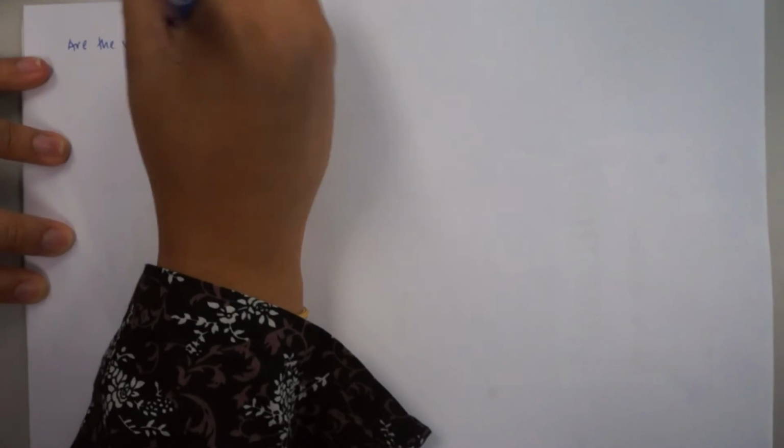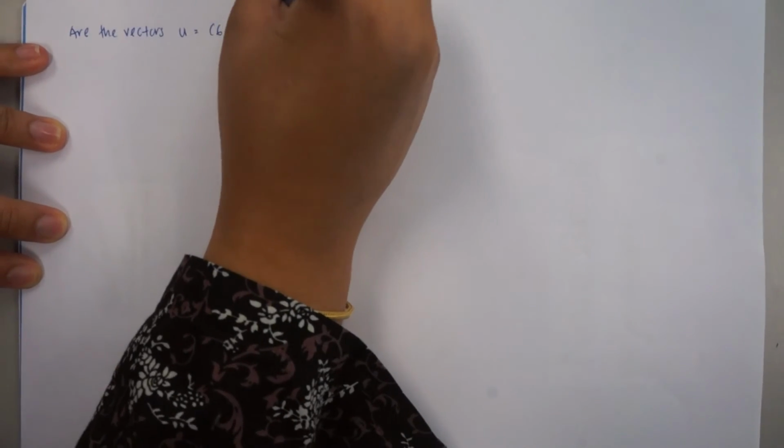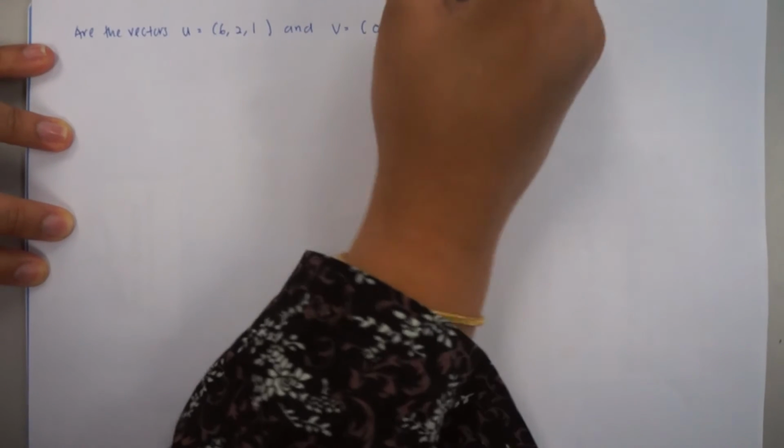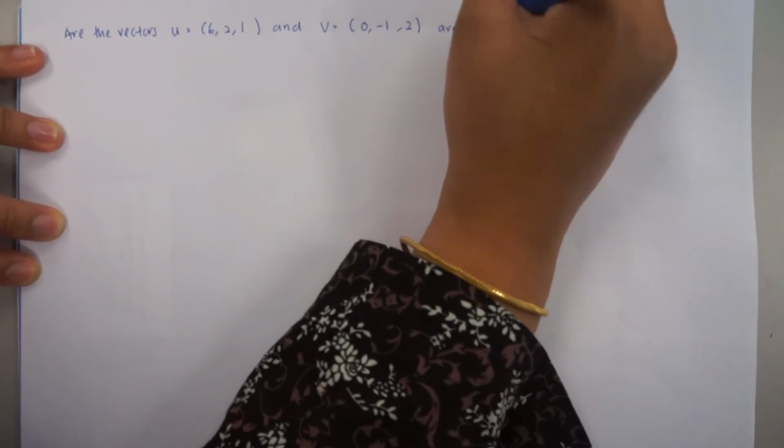Alright, the vectors u = (6, 2, 1) and v = (0, -1, 2) are orthogonal.